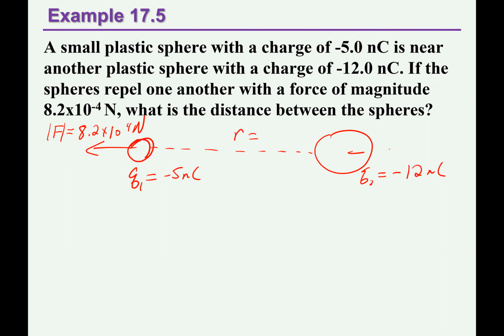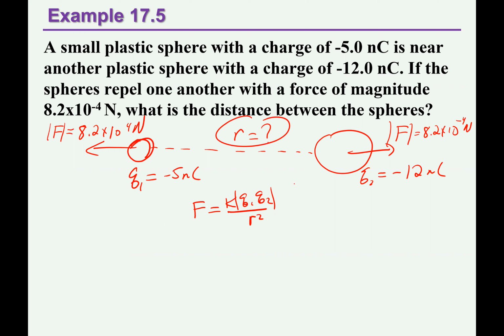If the force between them has that magnitude, how far apart are they? I'm using the equation F equals K Q1 Q2 over R squared, with absolute values. In this case, I'm given everything but R.